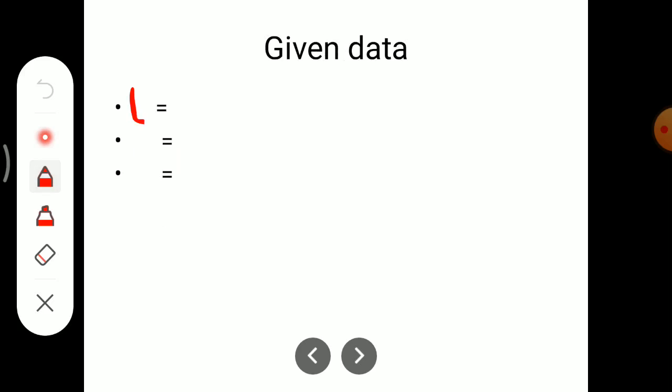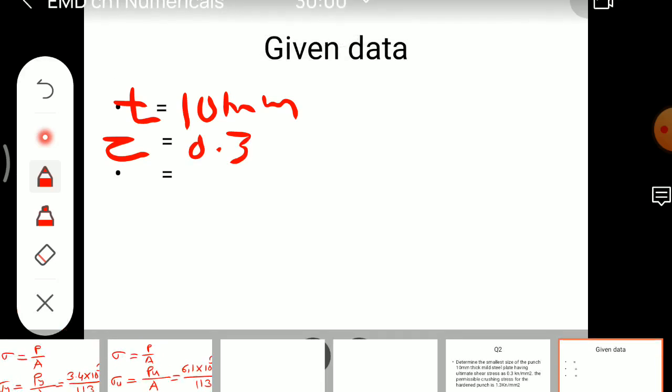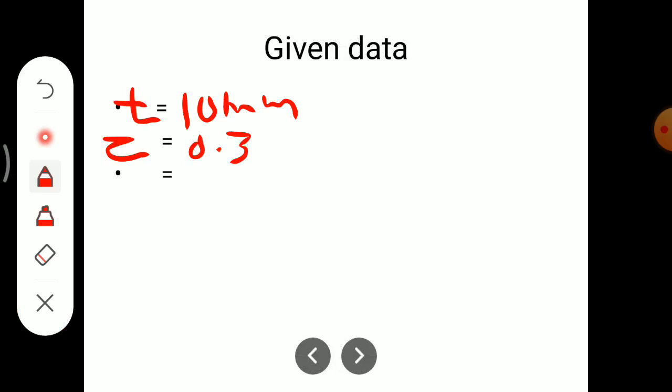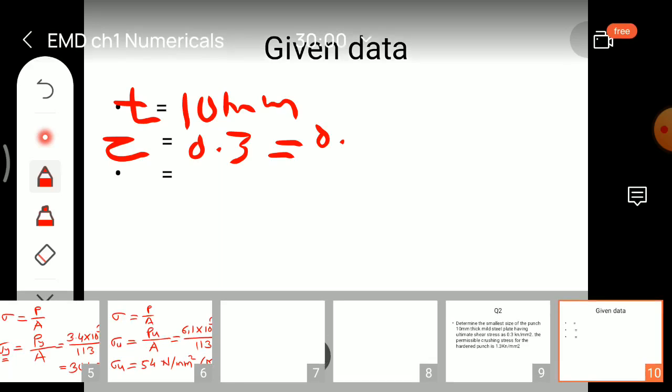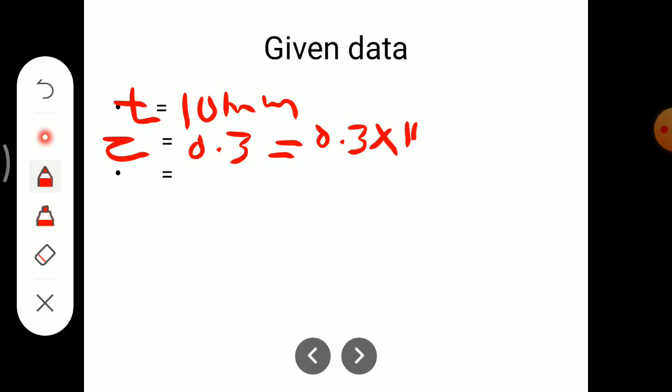First thing is thickness. Thickness is equal to 10 mm. Then the second one is shear stress, which is equal to 0.3 kilonewton per mm square, but we need it in newton per mm square, so we will write here 0.3 into 10 raised to 3 newton.